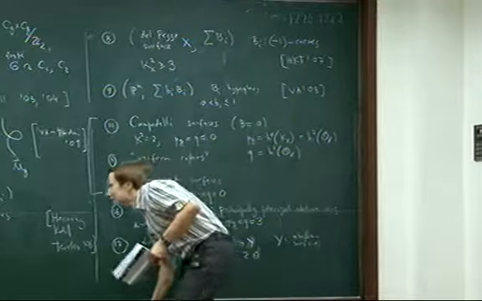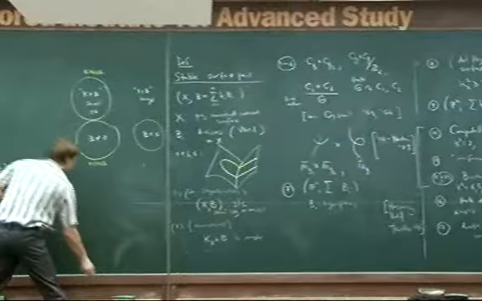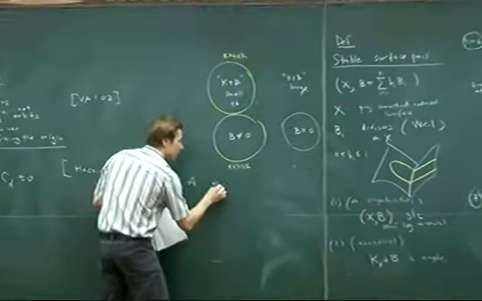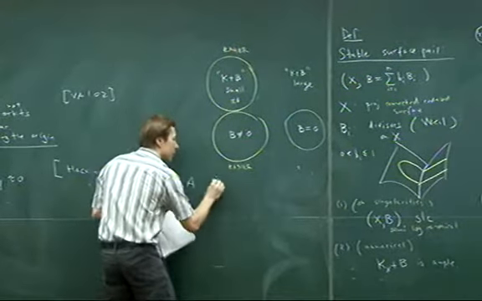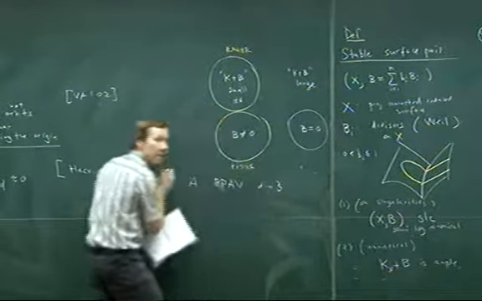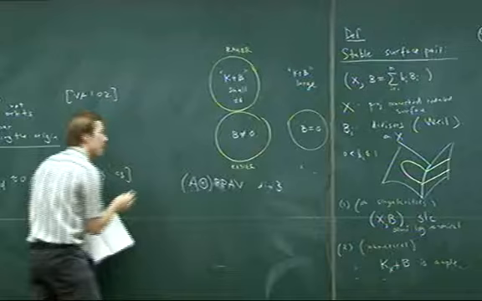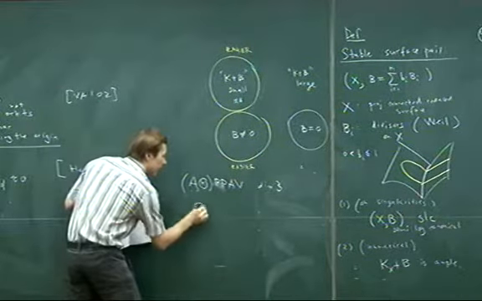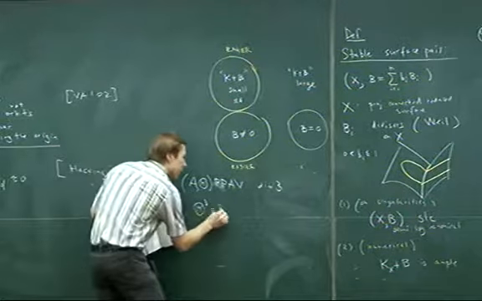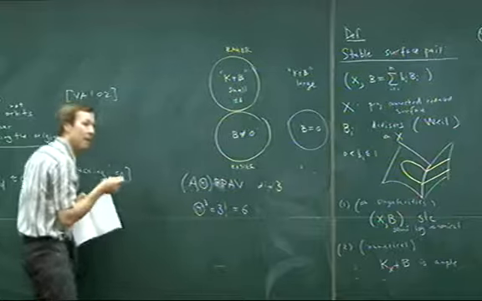Well, let's do this computation. So if we have A an abelian, a principally polarized abelian variety of dimension 3, and theta is the divisor, then theta cubed will be 3 factorial, which will be 6.